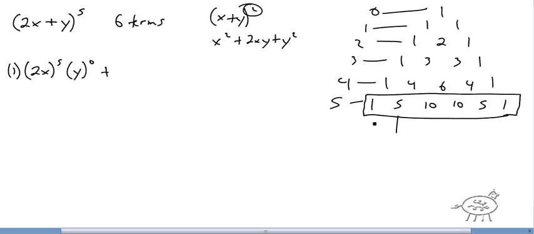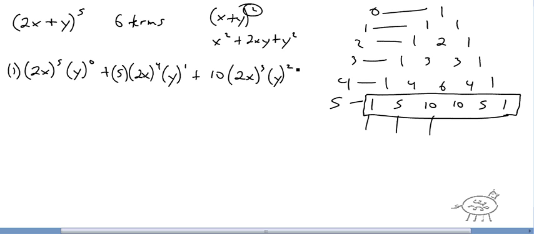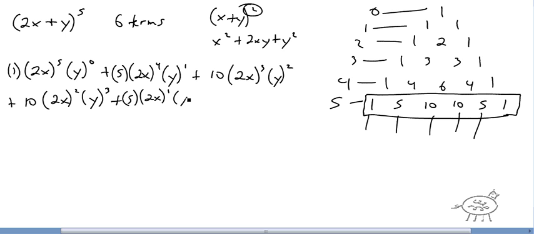Plus coefficient of 5, 5 times 2x to the 4th, y to the 1st, plus next coefficient 10 times 2x to the 3rd, y to the 2nd, plus next coefficient 10 times 2x squared times y to the 3rd, plus 5, 2x to the 1st, y to the 4th, and then plus 1 times 2x to the 0, y to the 5th. Okay, so that's completely expanded.